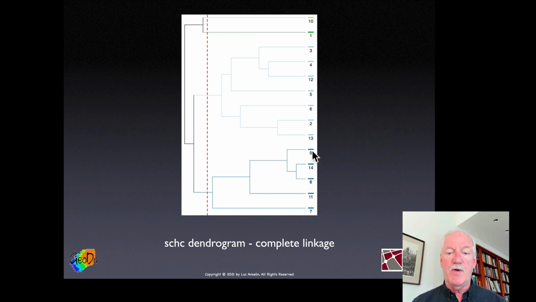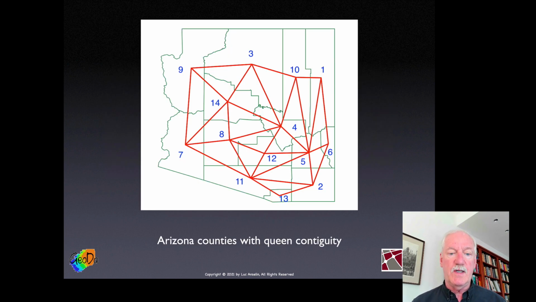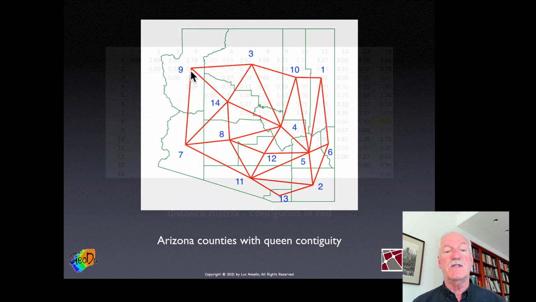In the next step, we merge 9 with 8 and 14. 9 is also contiguous to 8 and 14. So we see 8, 14, 9. And this is an example of the updating of the weights matrix, because 9 is not a neighbor of 8. 9 is only a neighbor of 14.